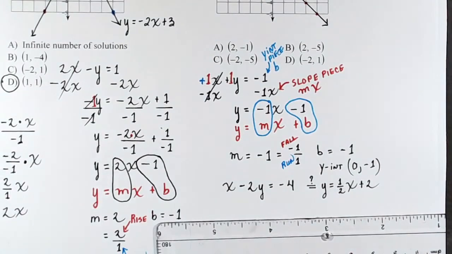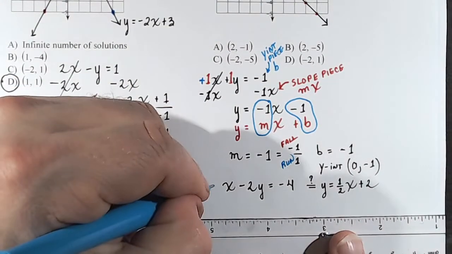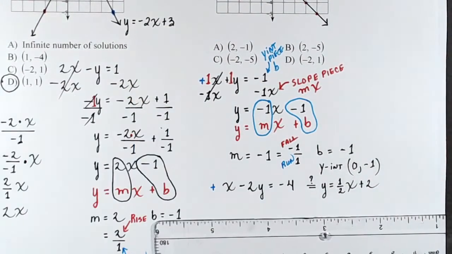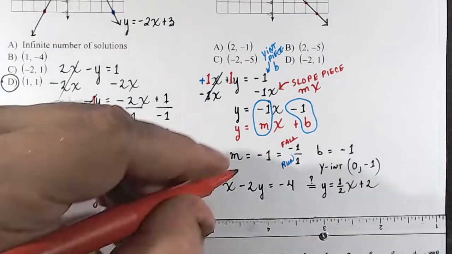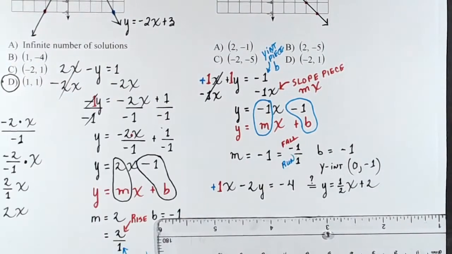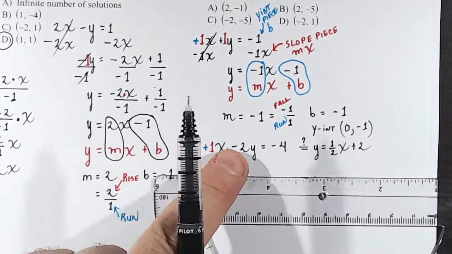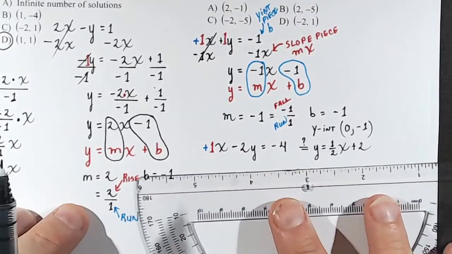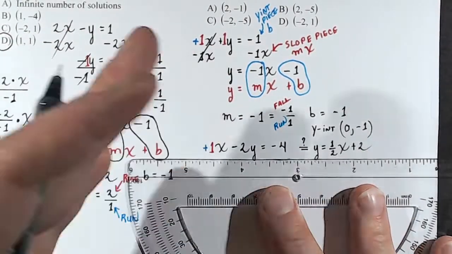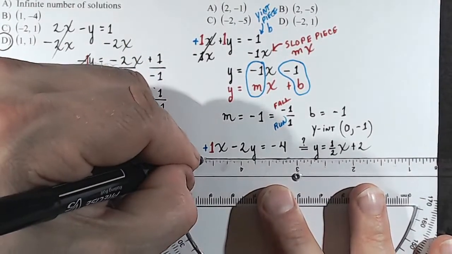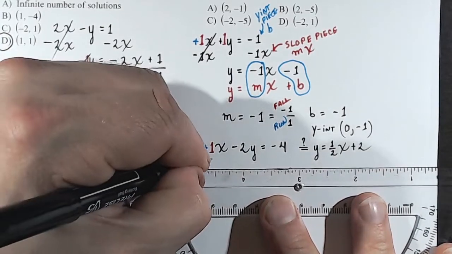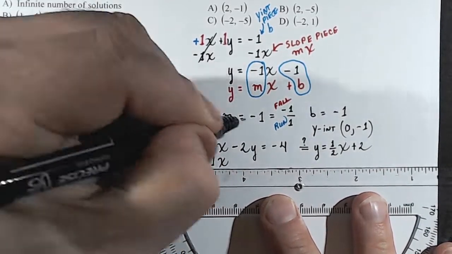First, let's notice that x is positive on the left side, and there's a 1 hiding in front of it. And I need to get rid of this positive 1x in order to further isolate y. So I'm working in reverse. So first I'll subtract 1x from both sides.